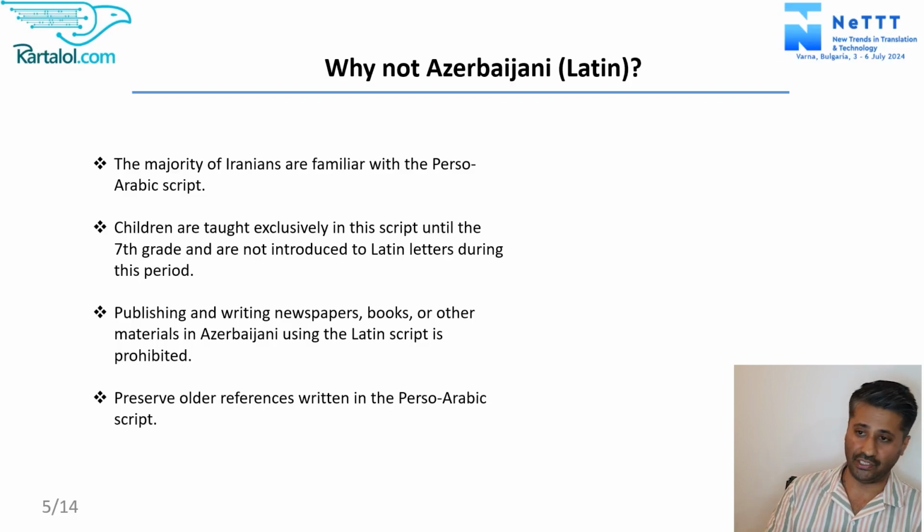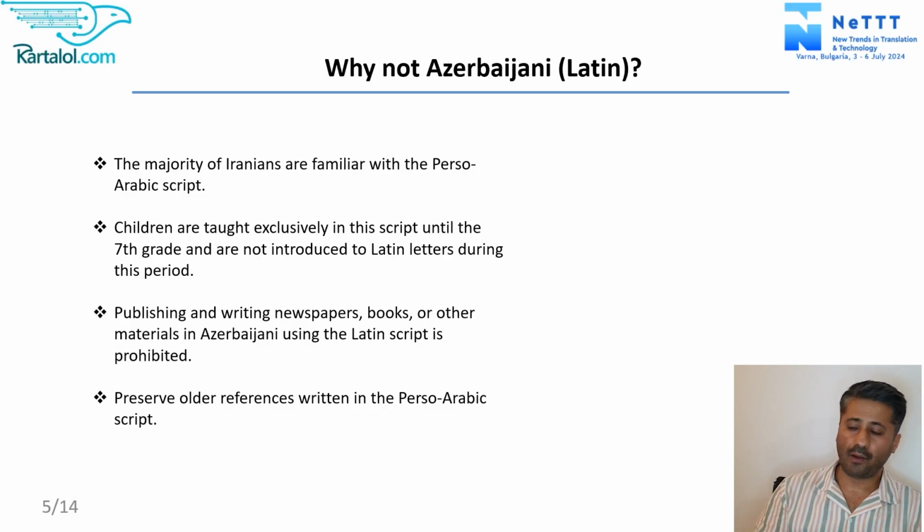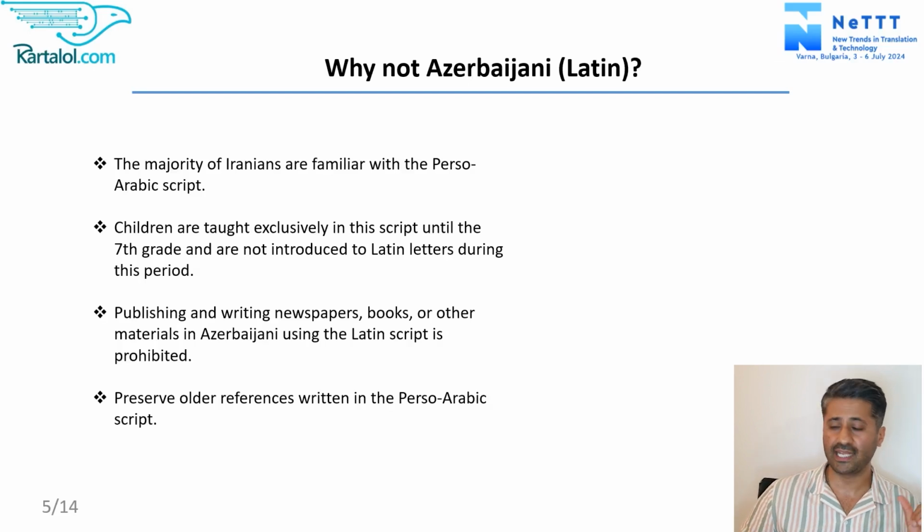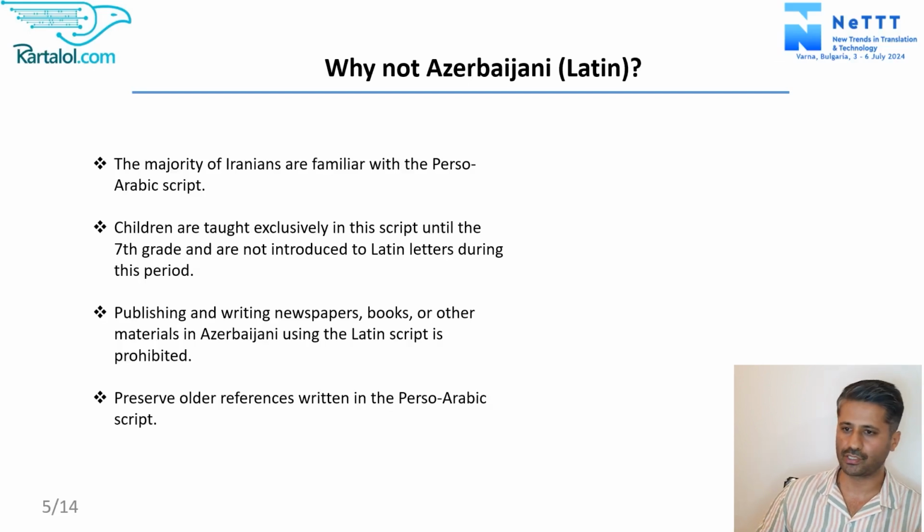everyday use in Iran. Additionally, publishing and writing newspapers, books, or other material in Azerbaijani Latin is prohibited in Iran. Therefore, using Arabic script is not just a practical decision, but a necessary one to ensure that our resource can be legally and widely published.